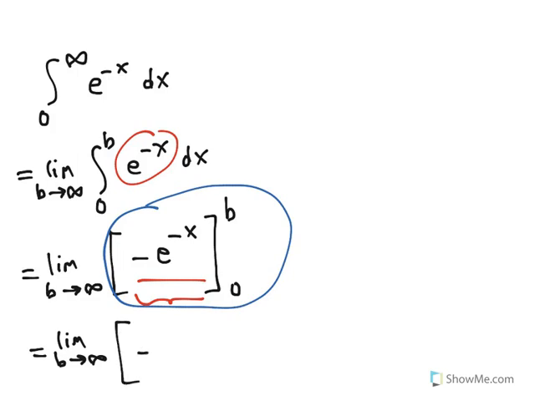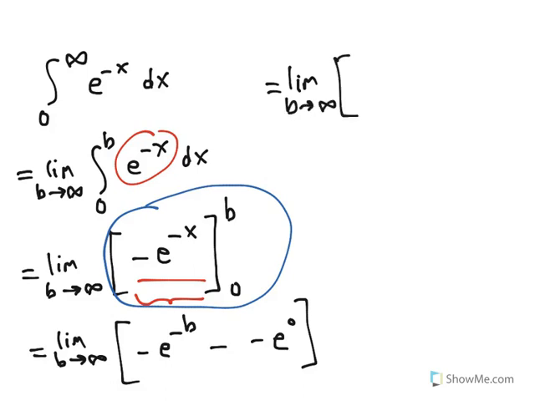So we have negative 1 times e to the negative b minus negative 1 times e to the negative 0. And we're going to bring that work up here, and we have the limit as b approaches infinity of, we can write this quantity here as negative 1 over e to the b power.